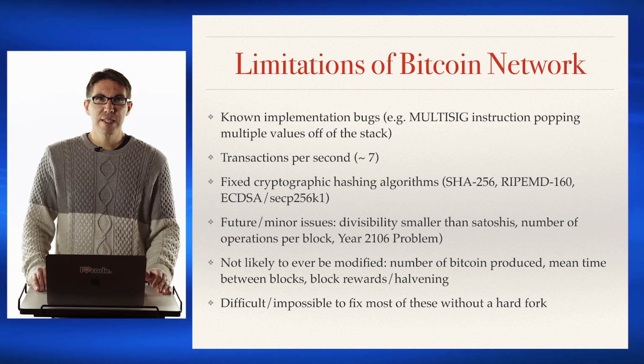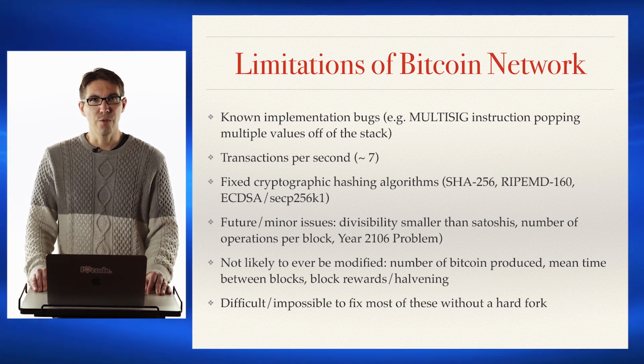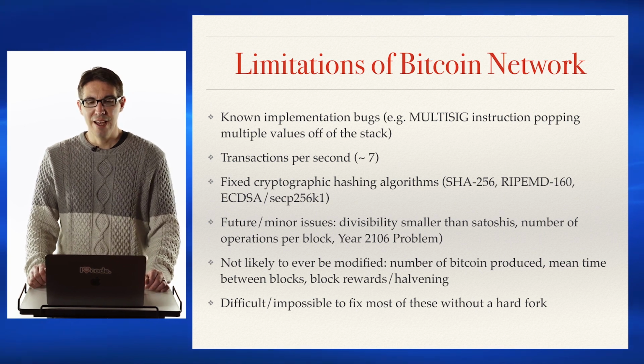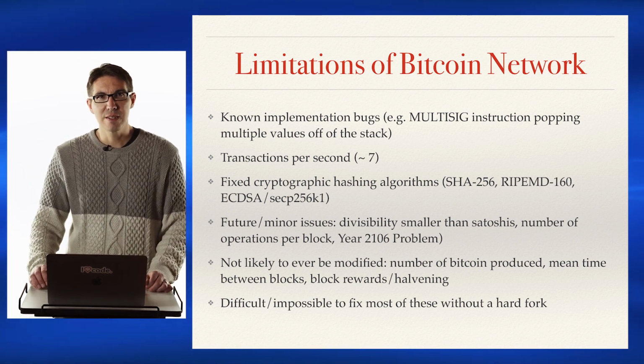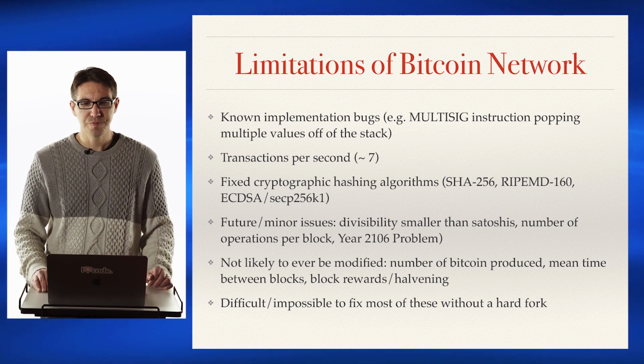And for any of these limitations, they're probably difficult or impossible to fix without a hard fork. The Bitcoin ecosystem as a whole is not a big fan of hard forks, and so we don't see these issues being modified anytime soon. In the next lecture, we'll discuss more about the Bitcoin network and some of the mechanics of Bitcoin.